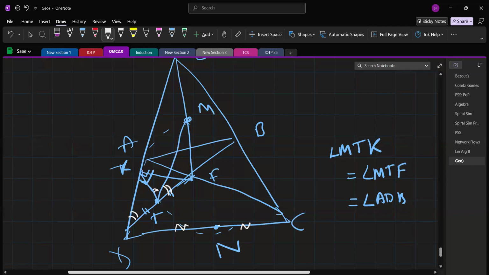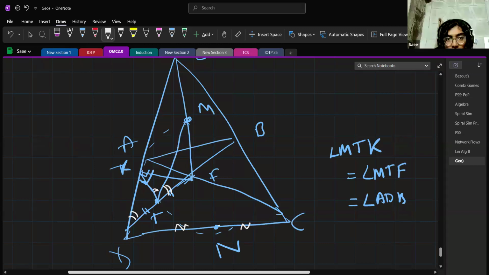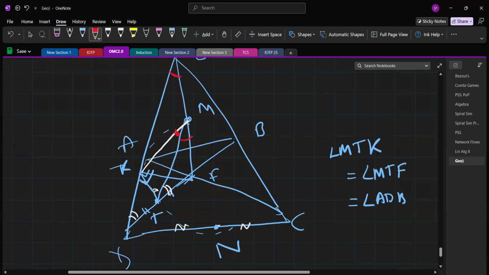Right. So we have this. And what particular angle do we have? Yeah, similarly, we also have angle KMT. That is just equal to this angle. DF, right?